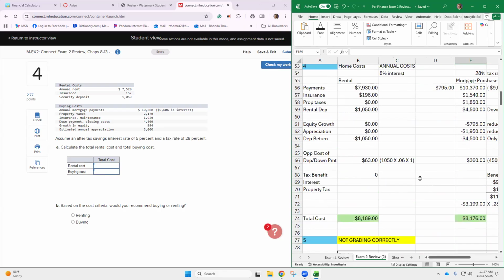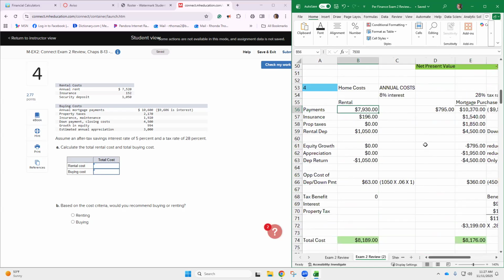Okay, let me start over again. All right, 75.20, 152, and the rental deposit is 1,050. Okay, now this is for the first year, and we're trying to evaluate these annual costs and not include anything that might be different the first year. So down here, I went ahead and had the return of the deposit, assuming we're going to get it all back.